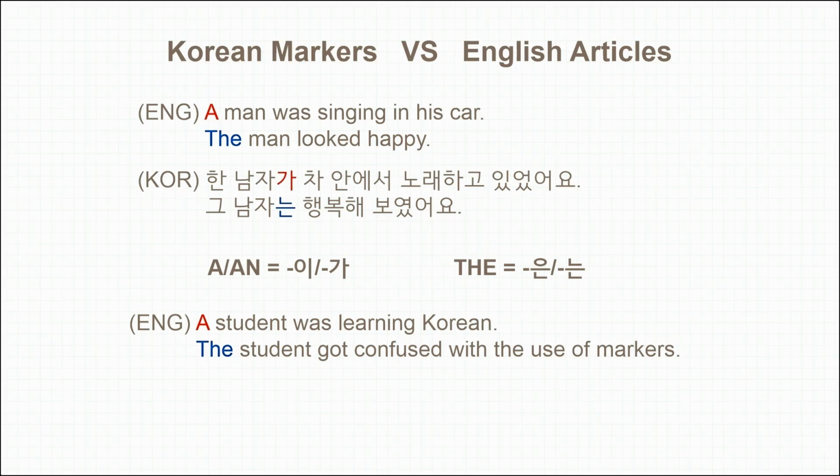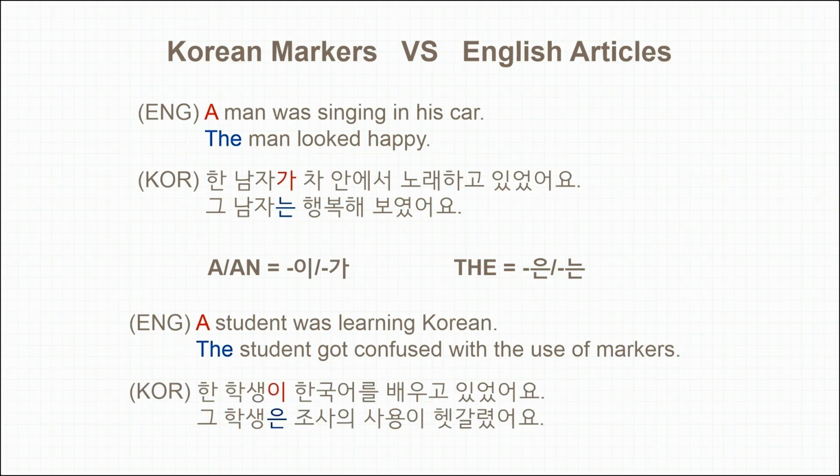The student got confused about the use of markers. In Korean, I would say, 한 학생이 한국어를 배우고 있었어요. 그 학생은 조사의 사용이 헷갈렸어요. Here, 이 and 은 are used because the last syllable of the noun ends in a consonant.